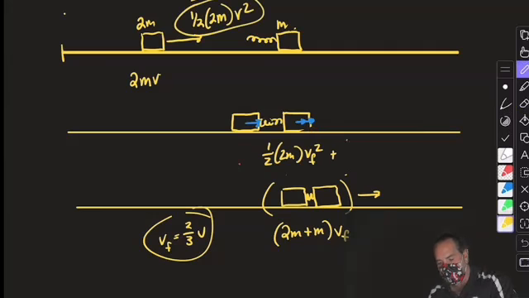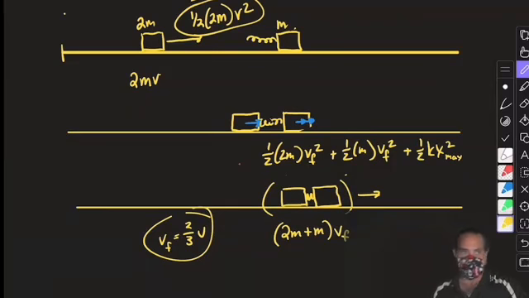The second box has that much kinetic energy because they both have the same velocity. But the spring must also have some potential energy. So when you find out what that final velocity is, you can then use that in an energy equation to find out what that maximum compression is. I like this question. I like it a lot. Probably not tomorrow, but it's coming.